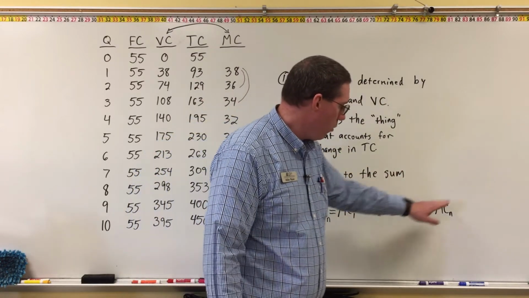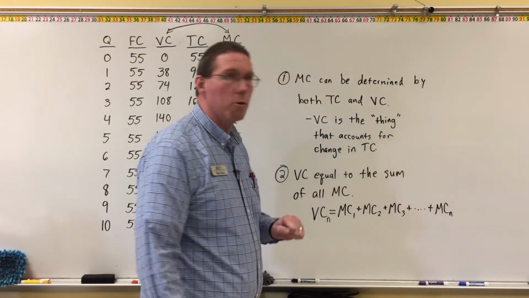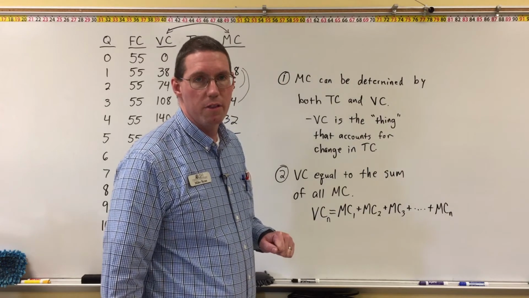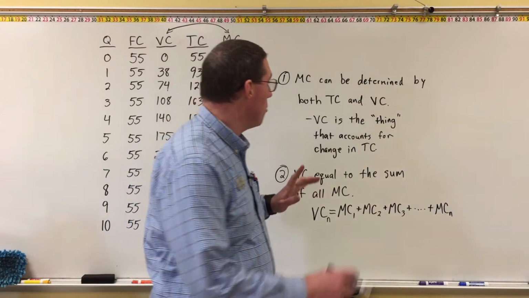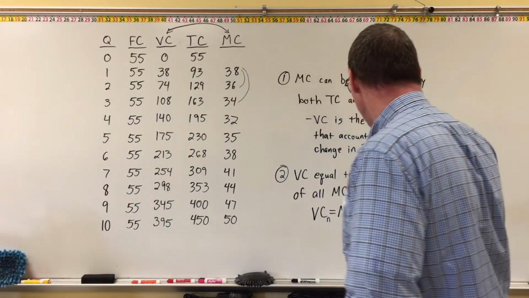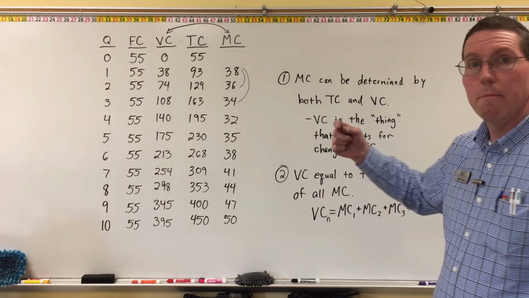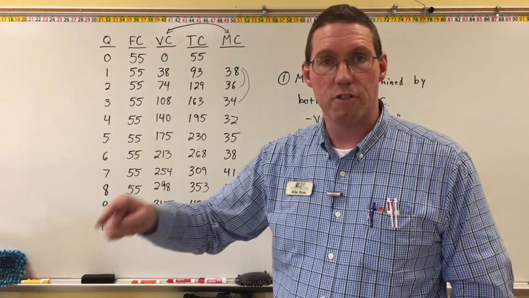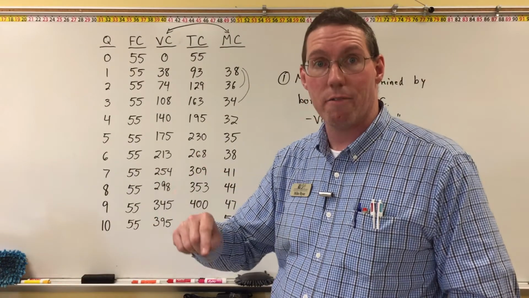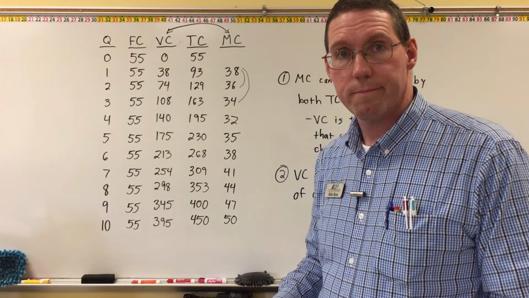And if you added all those up, you would have the variable cost of the 7th unit. Okay? If you can understand this, then we can move on to understanding average variable cost and then average total cost.